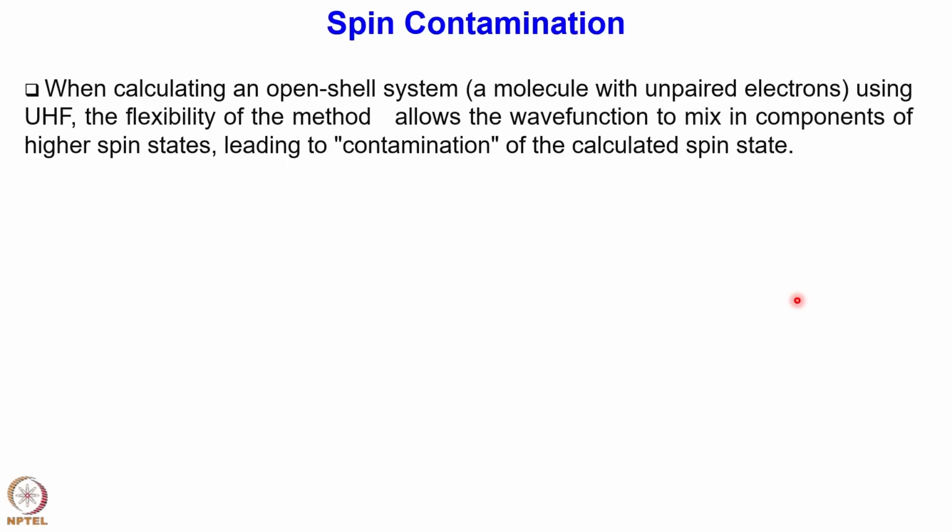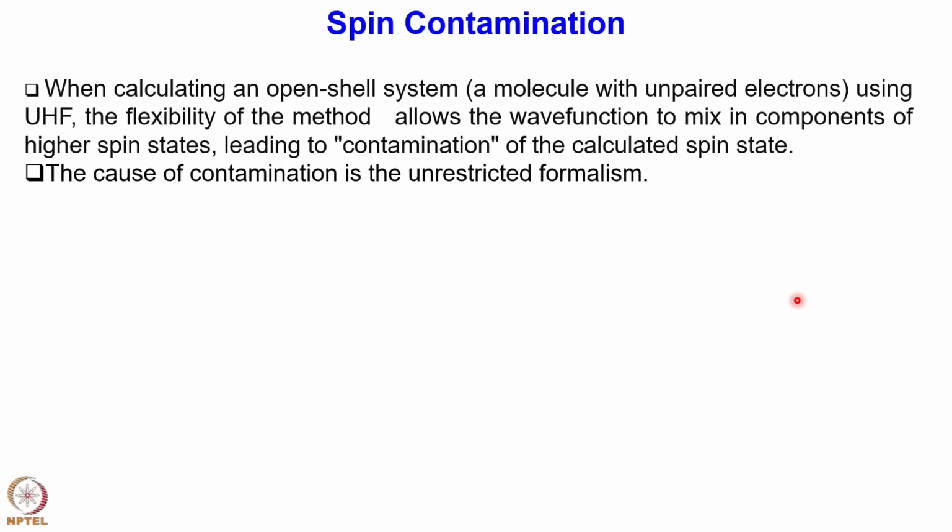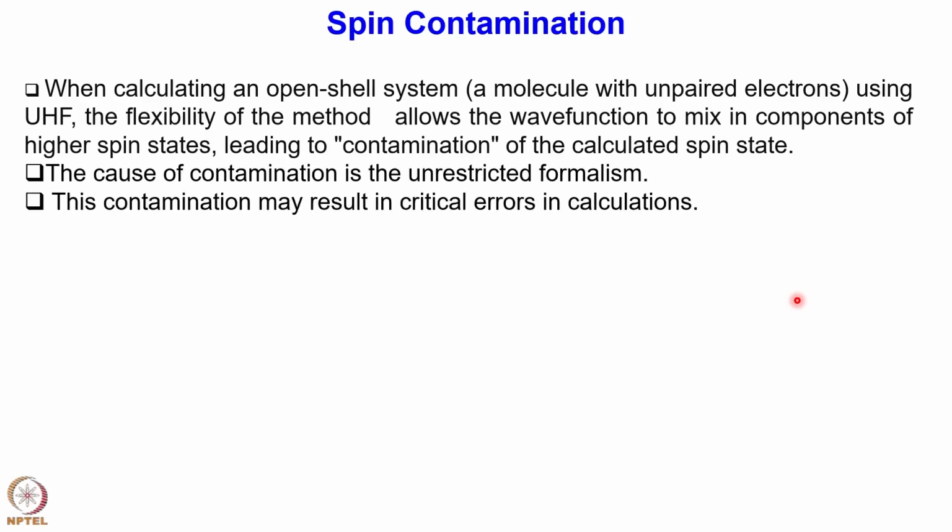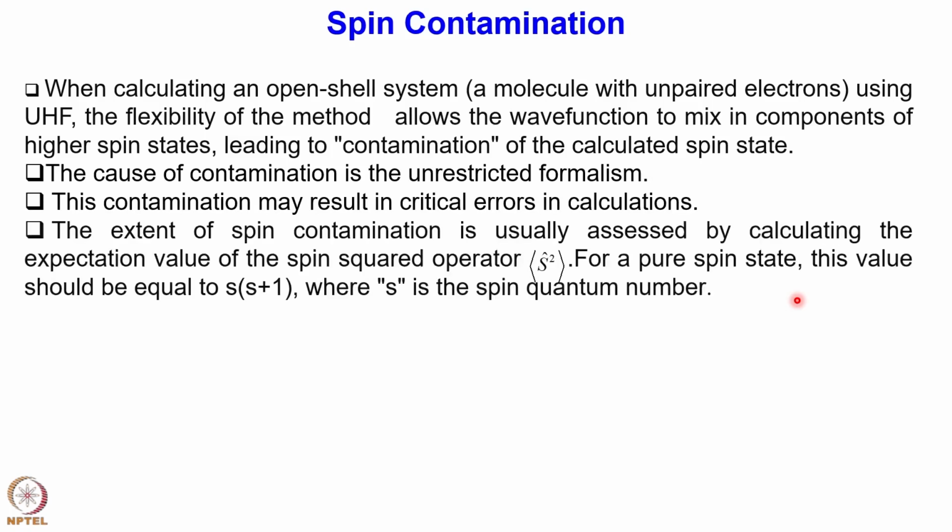That means, if I have a doublet spin state, it will get contaminated by a quartet spin state. If I have a singlet spin state in the UHF formalism, it will get contaminated by the triplet spin state. And the cause of the contamination is the unrestricted formalism. This contamination may result in critical errors in the calculation, especially energy and geometry.